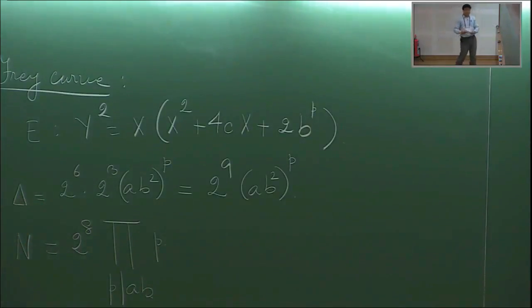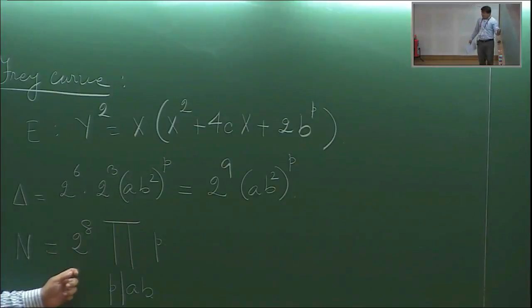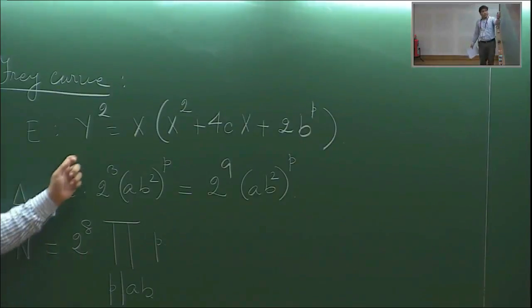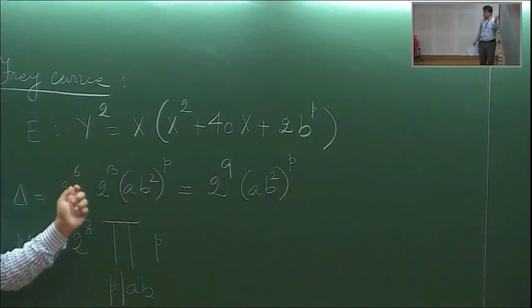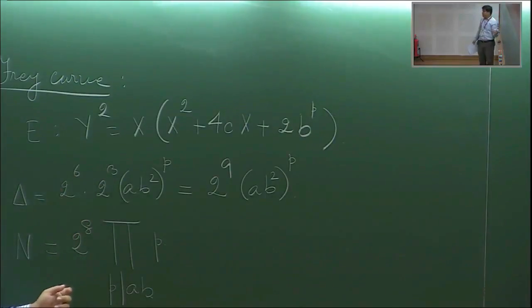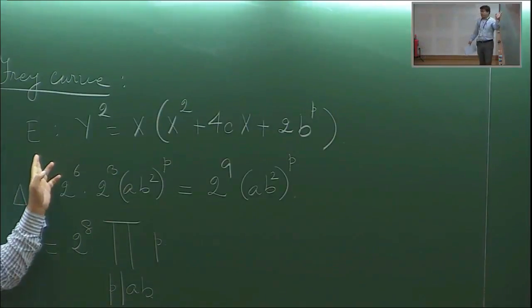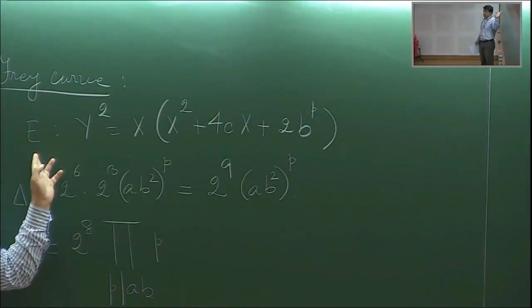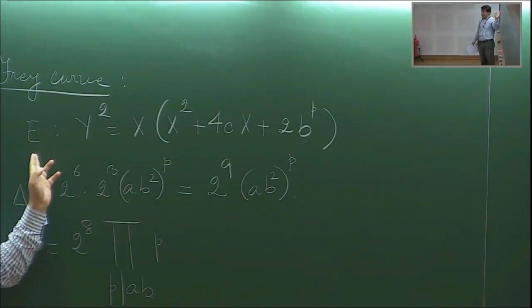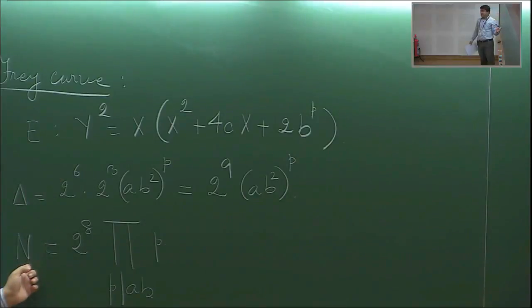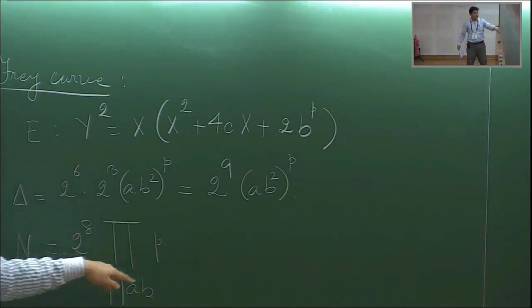Now we would have been very happy if we could take this elliptic curve and apply Ribet's level lowering. But there is one condition: I need the modularity of E, and modularity as proved needs the condition that my conductor be semi-stable, which means it has to be square-free.